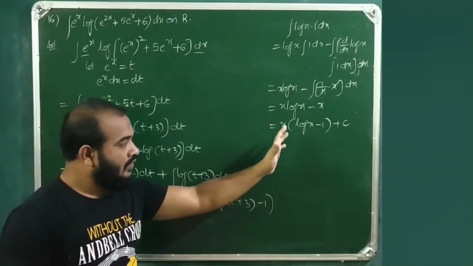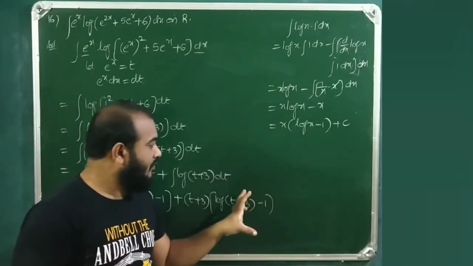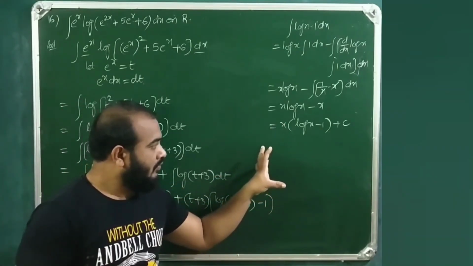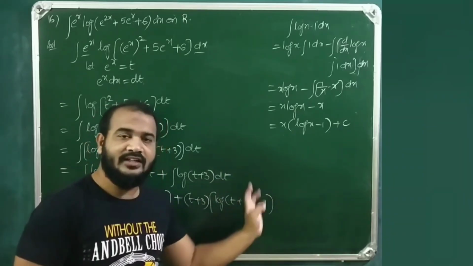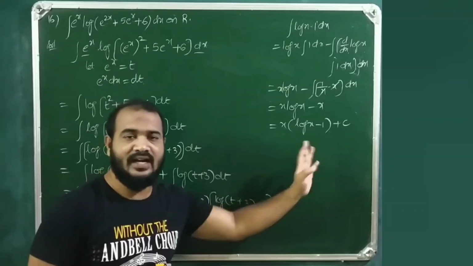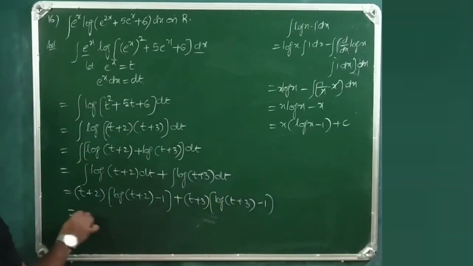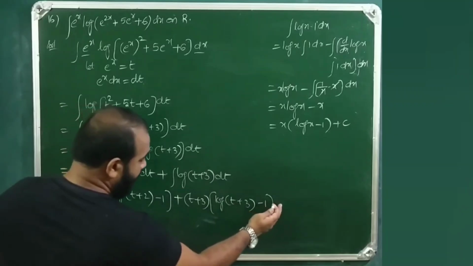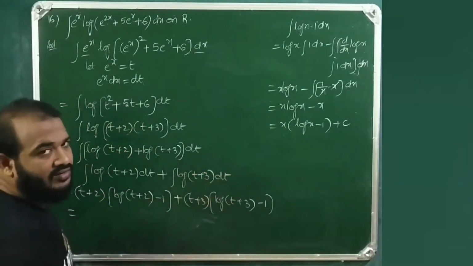If we feel that is the last step, then we shall add plus c at the end of the solution. So for the time being, I am not adding plus c here. At the end we will add.